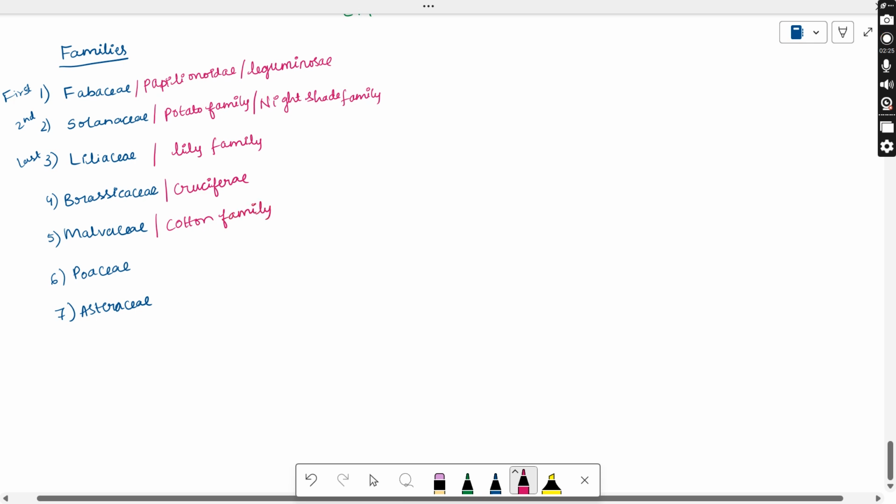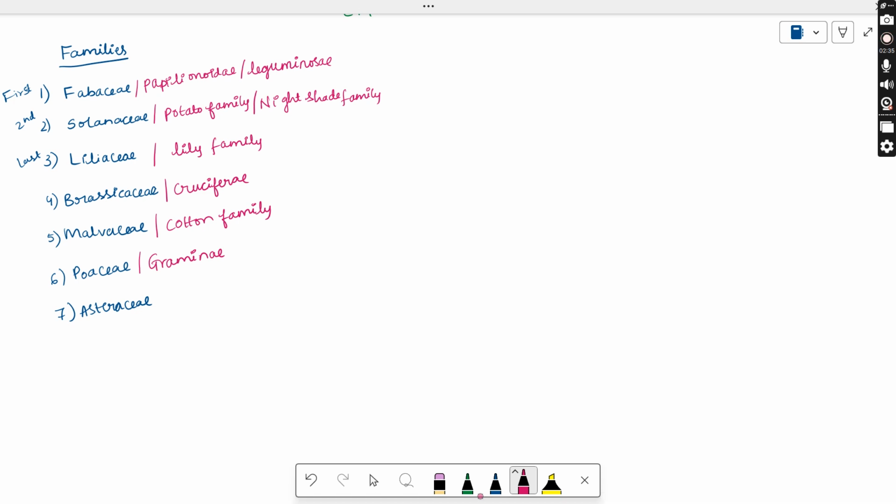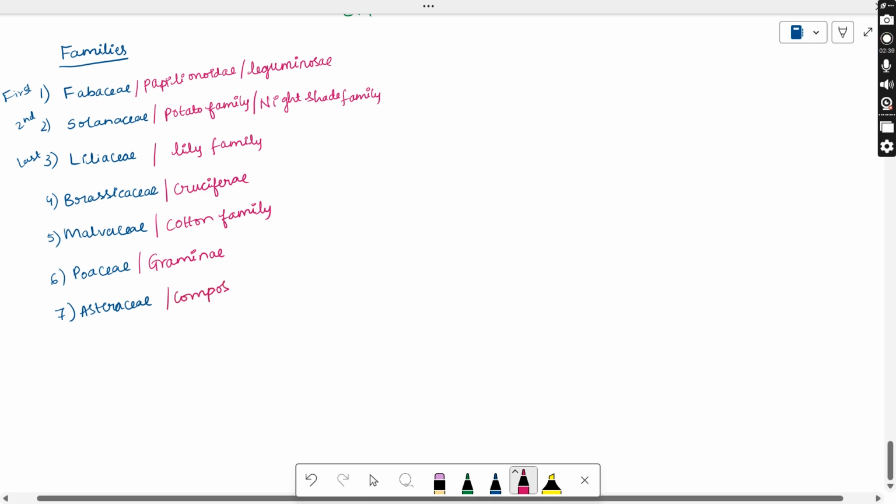Poaceae is also called Graminae, where all the rice, wheat and millets come under this. Asteraceae is called Compositae, also called the sunflower family. Another name is the daisy family. So all these are the different names for them.